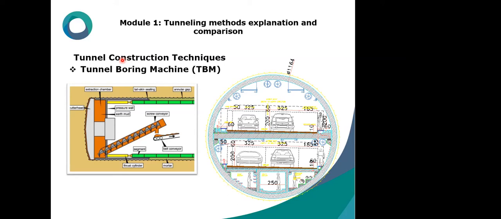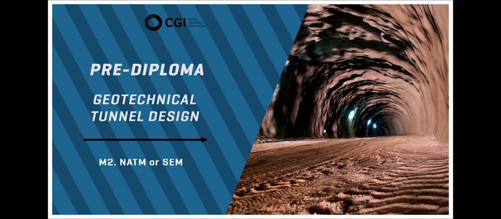We divide them based on the face stabilizing technique on one hand, and on the other hand, based on the advancing approach. Furthermore, we have EPB or slurry shield, and so on, while we have single and double shield TBMs. These are some pictures of this kind of tunnel.